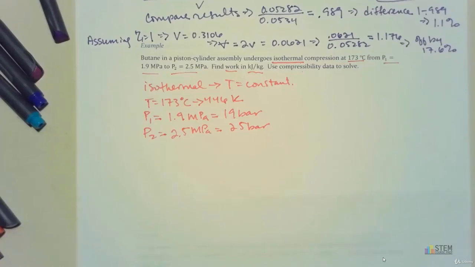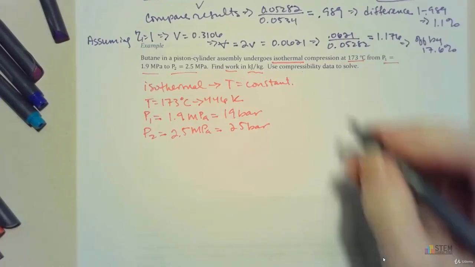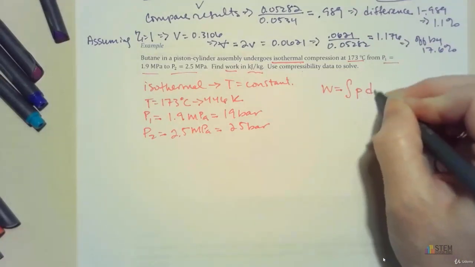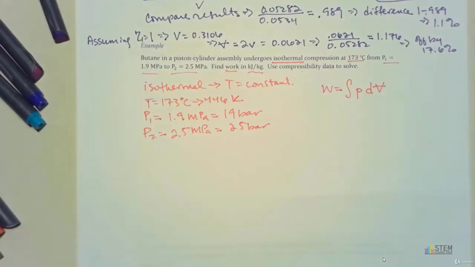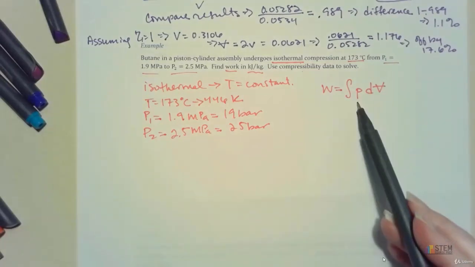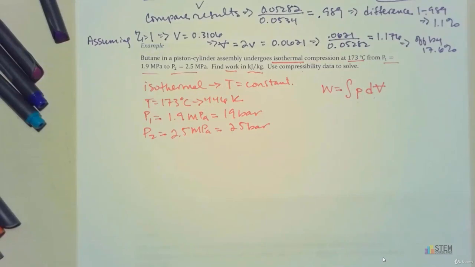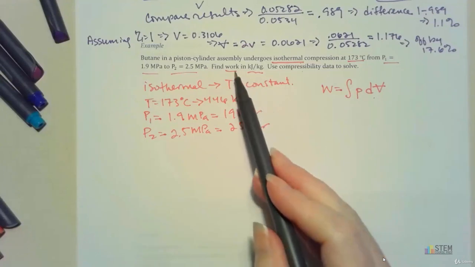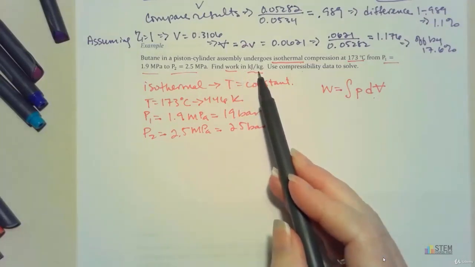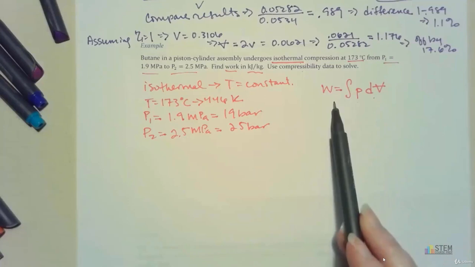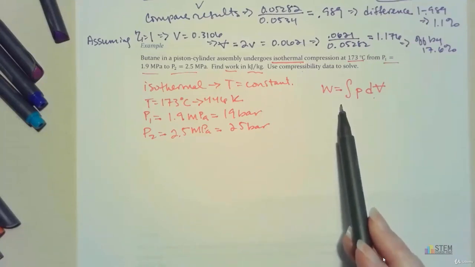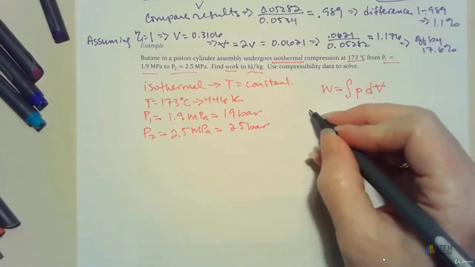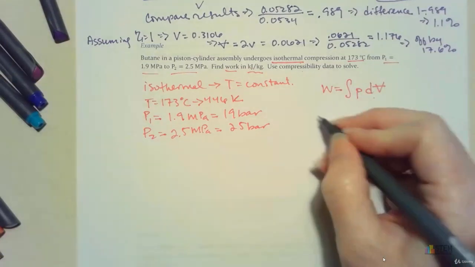We want to find work. Now remember we have the work equation that we used back in chapter 2 for piston cylinder assemblies. That was the integral of pressure times your change in volume. We're going to go back to this equation. Now notice it wants work in kilojoules per kilogram. If we have it written like this, work's going to be in kilojoules. So we want kilojoules per kilogram. So in order to make that happen, we're going to restructure this equation.